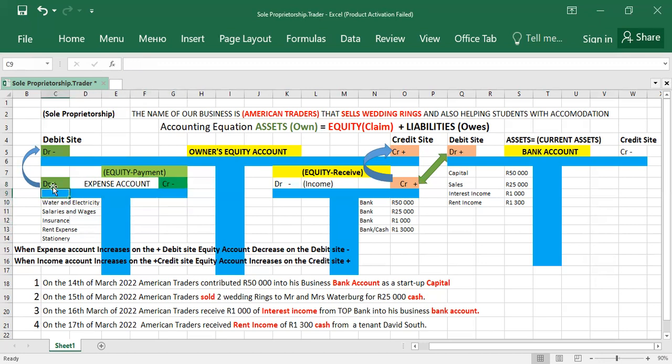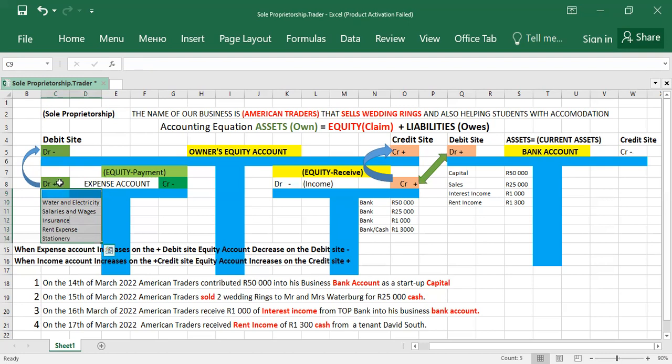When we pay for expenses within our business, such as water and electricity, salary and wages, insurance, interest expense, rent expense, and stationery, these are the expenses that the business can pay.